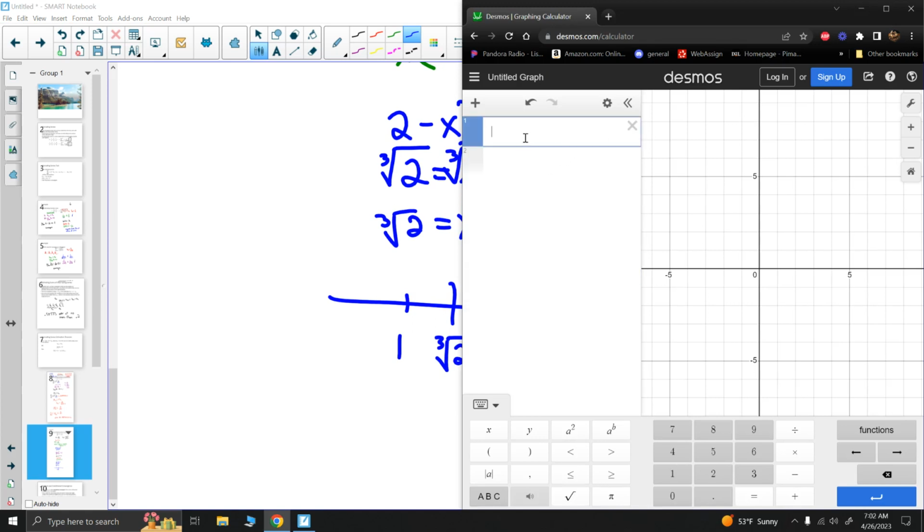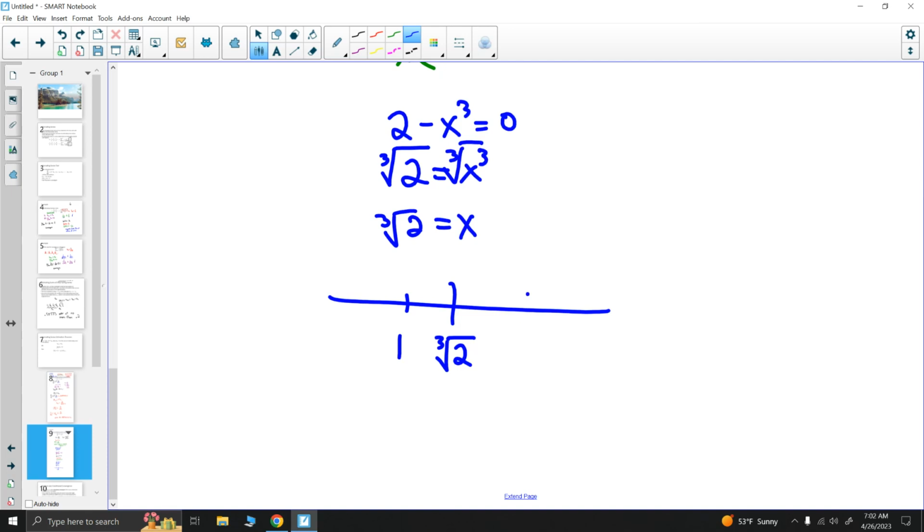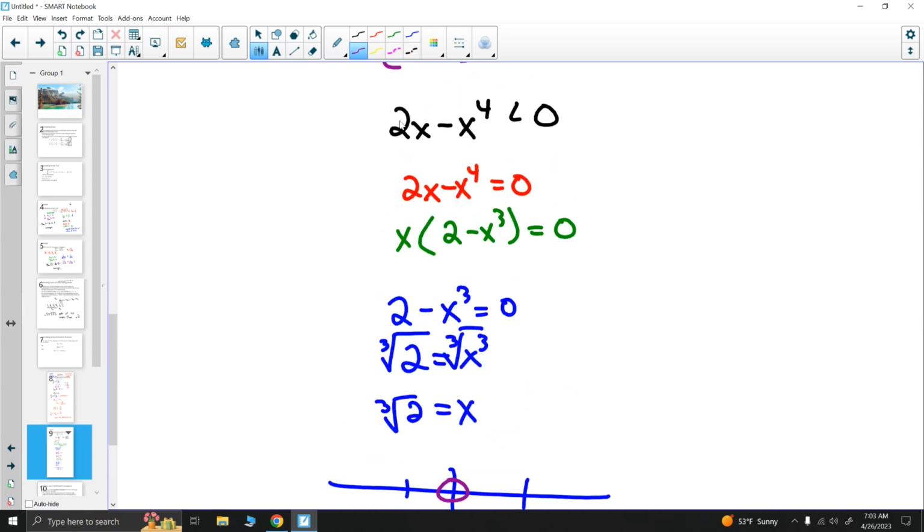The cube root of 2 is 1.25. Yeah, so it's greater than 1 and less than 2. Now we know it's open at this point because at that point the slope would be 0. So then we're thinking, okay, well, when is this thing going to be negative? So we want to see when is this statement going to be true right here.